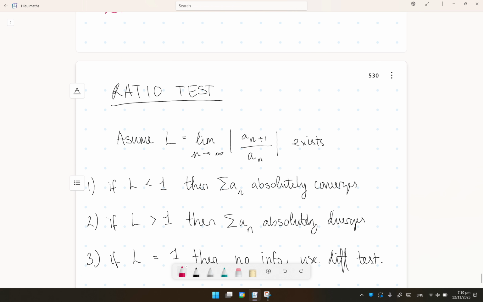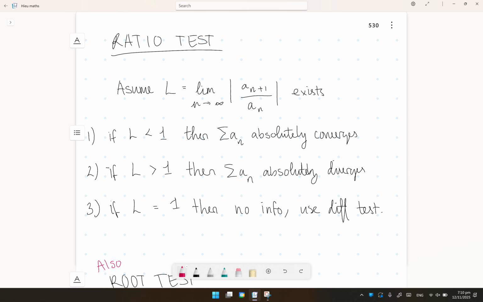Okay. So now the ratio test says to assume L is the ratio that we were talking about. The way you find this ratio is that you take the limit as n goes to infinity of a(n+1) over a(n). This is just the multiplication between the two. If you think about a(n+1) equals L times a(n), what you're doing is L equals a(n+1) over a(n), simple algebra.